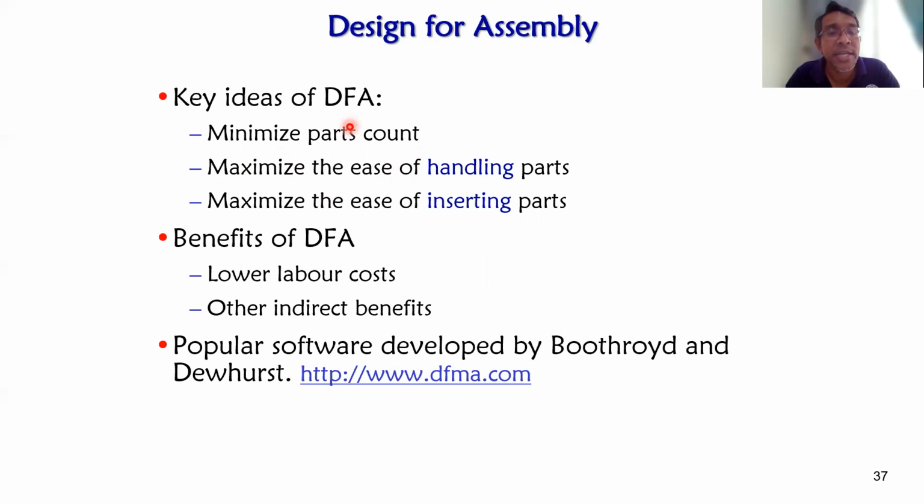So all this are key ideas for DFA, and then benefits: low cost, low labor cost, direct benefits. So you can refer to this one, but I will not go through it because knowing just the general DFA should be enough for this design for manufacturing.